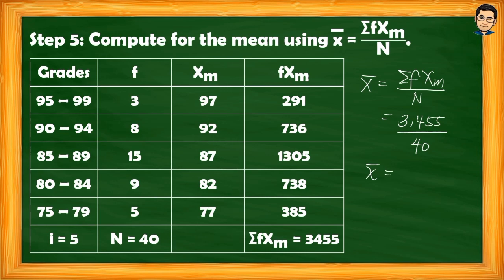So, the result is 86.375. Okay. Or pwede rin natin yung i-round up to the nearest hundredths or 2 decimal places. That will become 86.38.